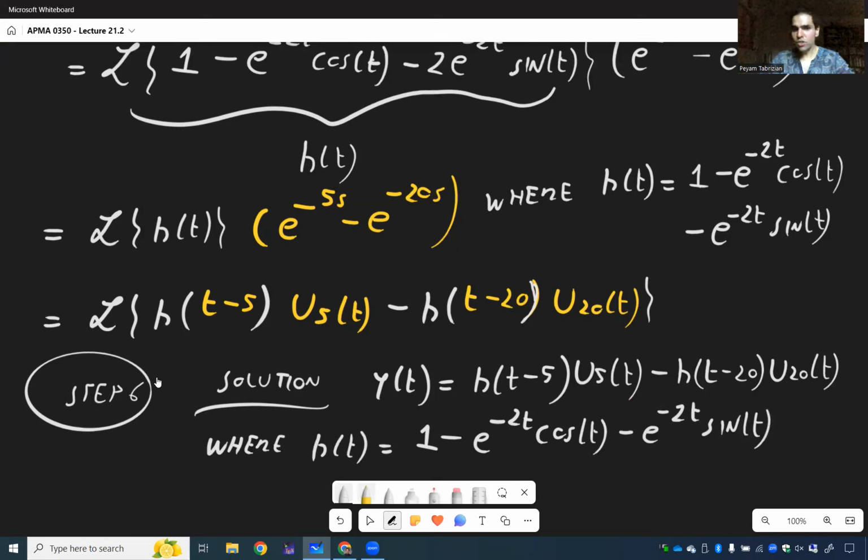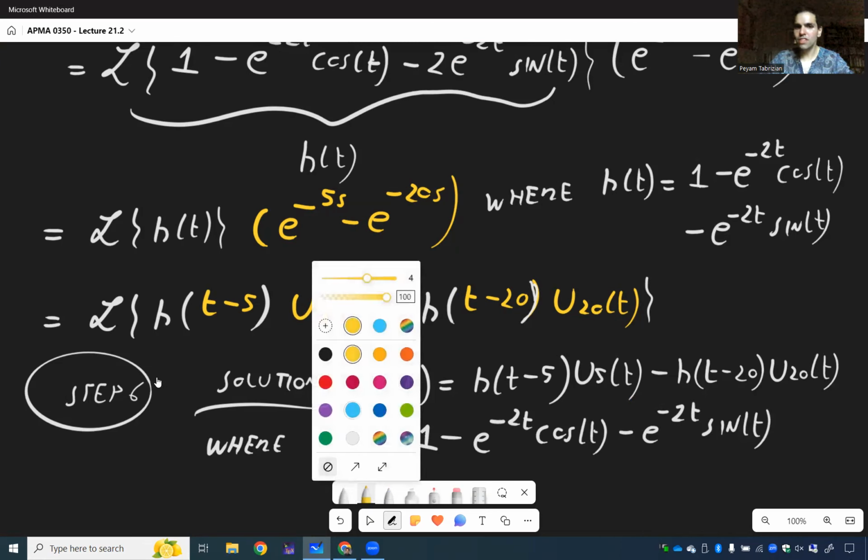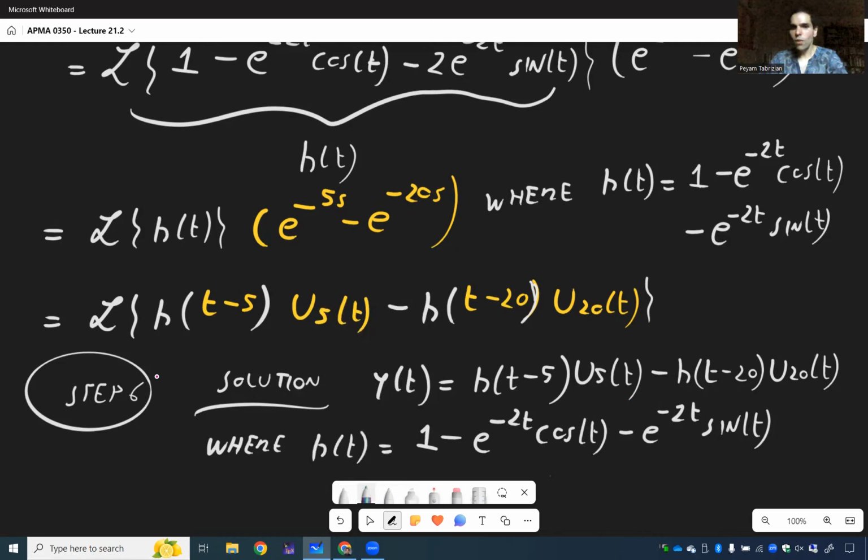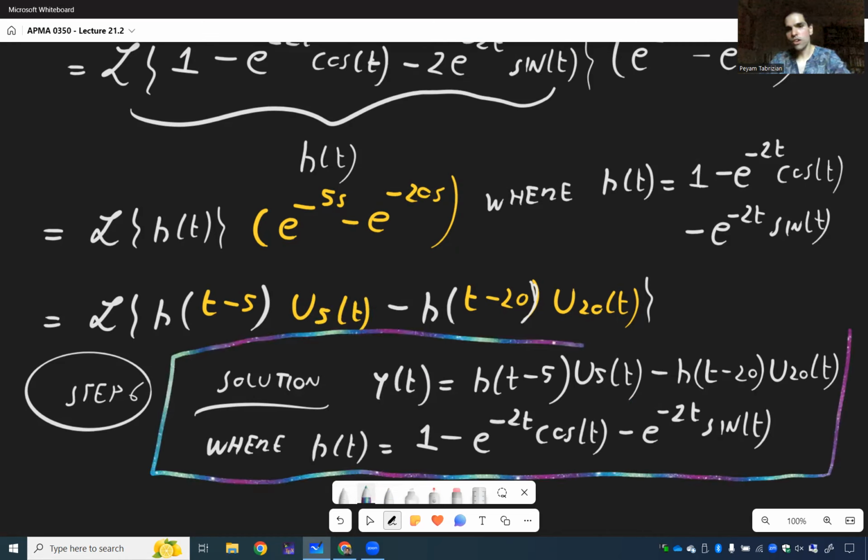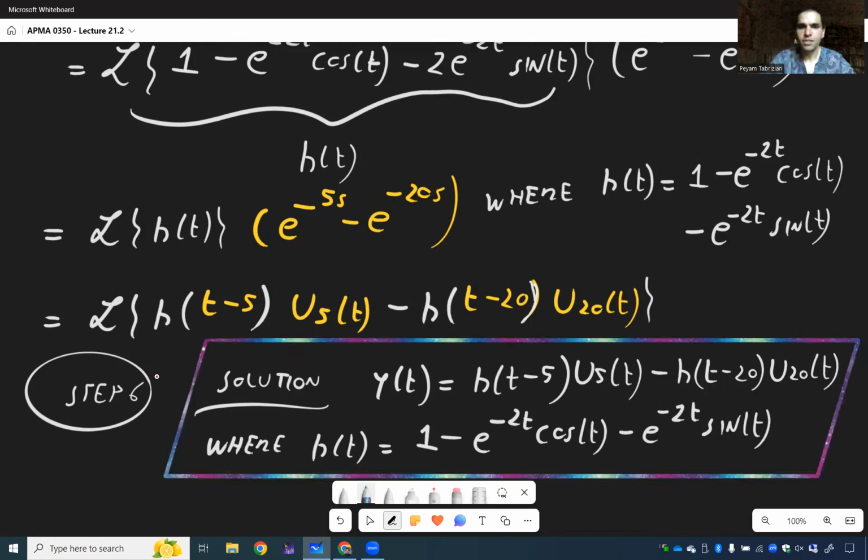So you see, h is usually the function we see in solutions of differential equations. And what this is saying is you just shift and jump this function h. Perfect.